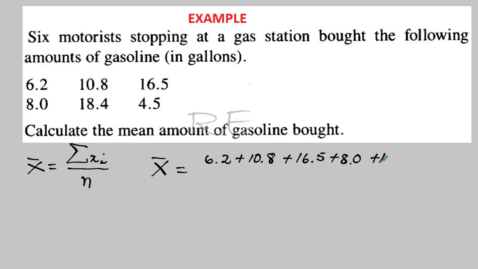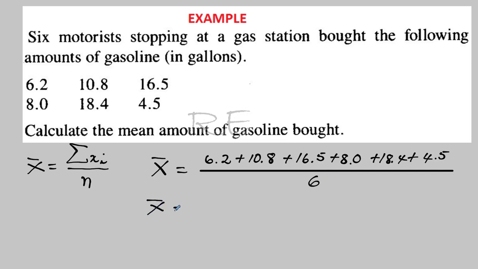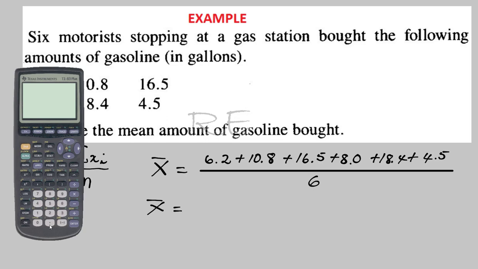So we'll add 6.2, 10.8, 16.5, 8.0, 18.4, and 4.5, and then divide by 6. We'll just use the calculator to get the total.